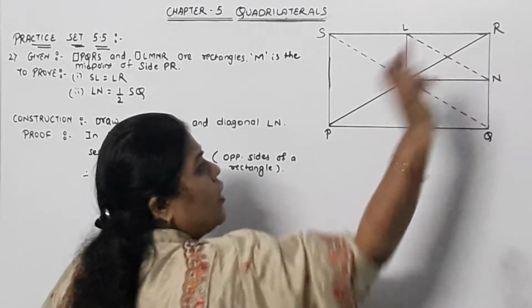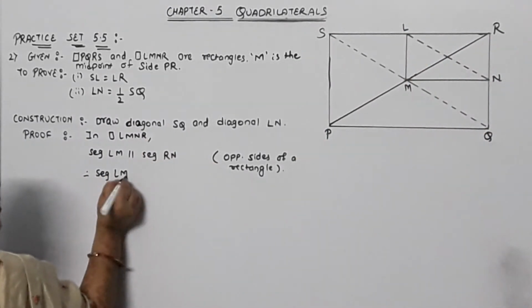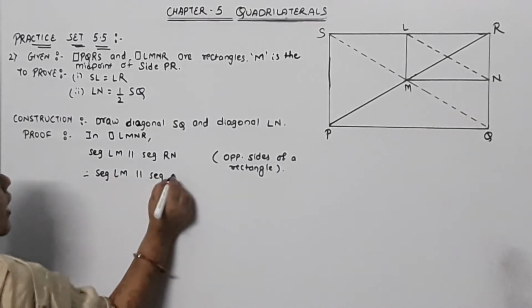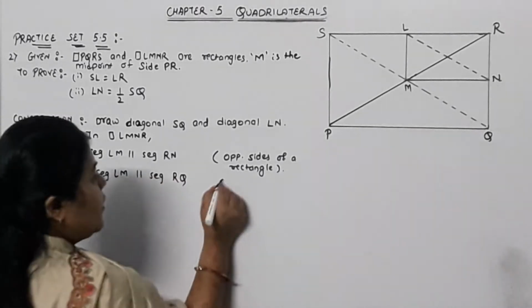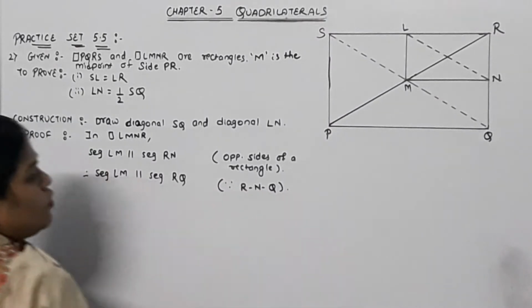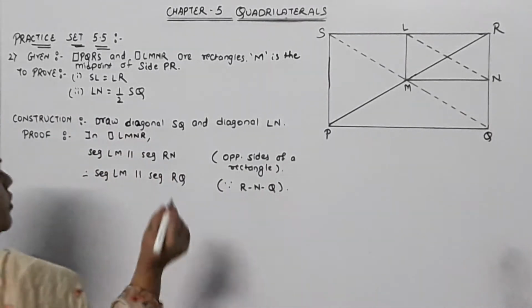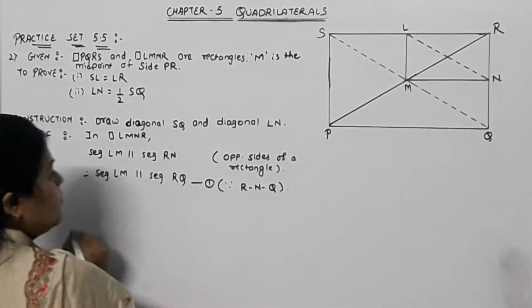LM is parallel to RQ, right? Therefore, seg LM parallel seg RQ, and the reason is R-N-Q are collinear. So we can take till Q, right? This will be your equation 1.